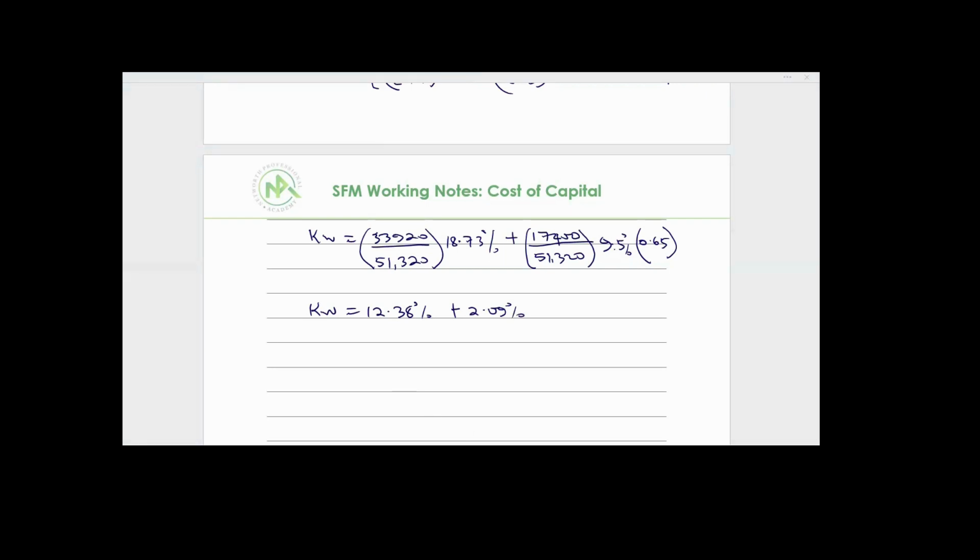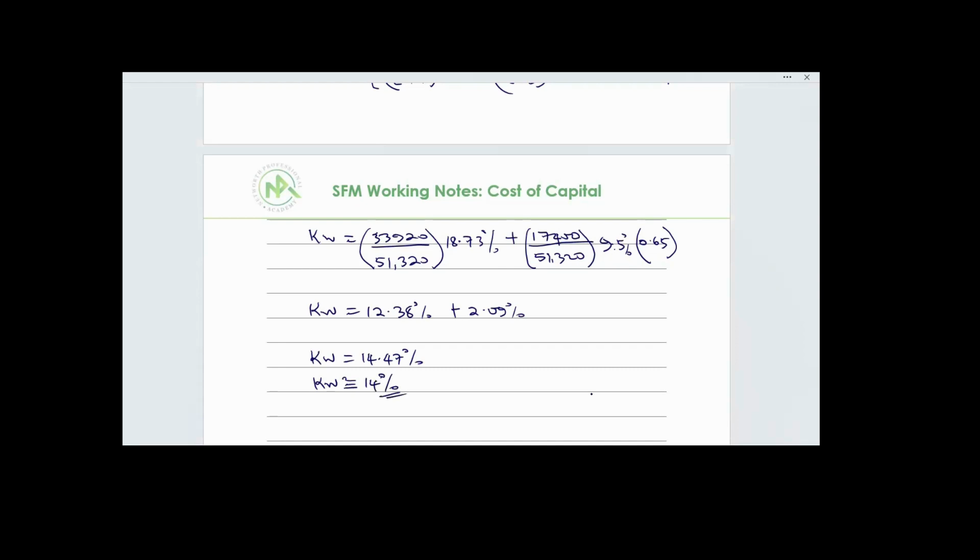12.38 plus 2.09 equals 14.47%. Approximately, the project-specific WACC is 14%.